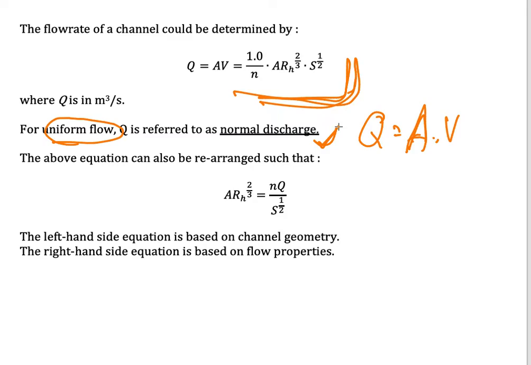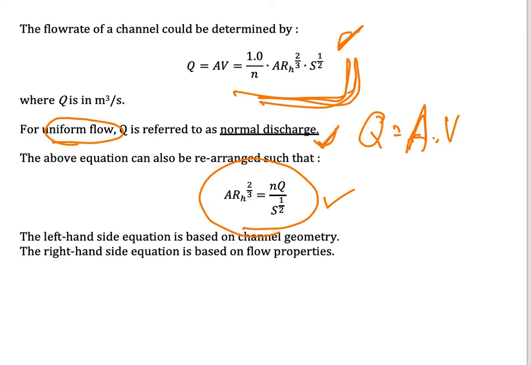Some people would like to use this equation in this arrangement: A R to the power 2 over 3 equal to n Q over S square root. Why do people sometimes in certain textbooks write like this?